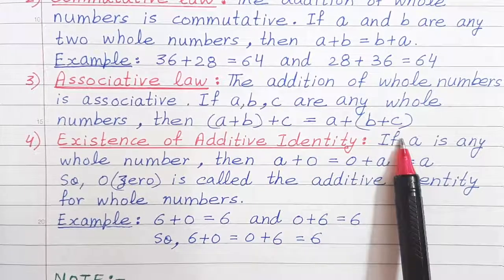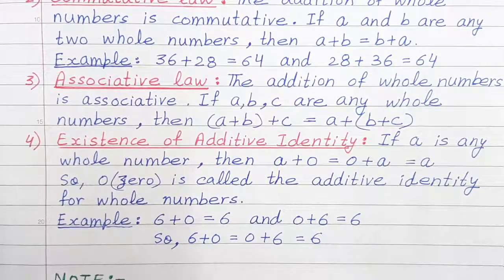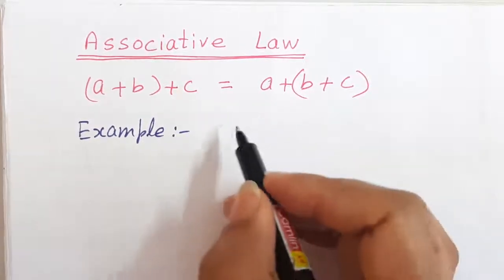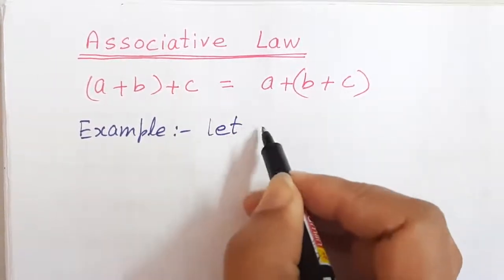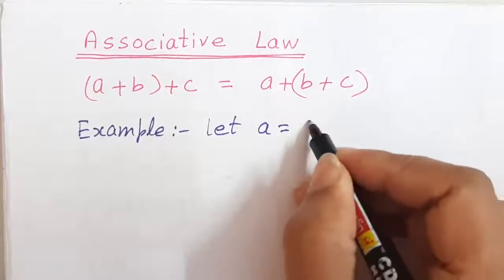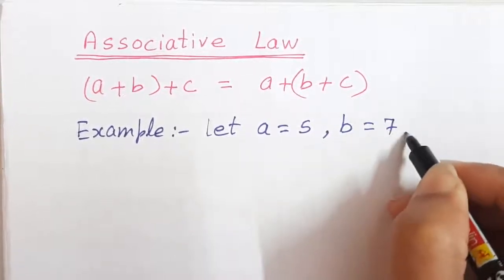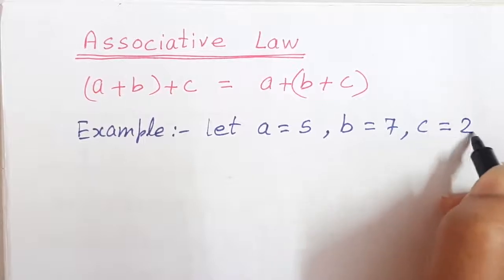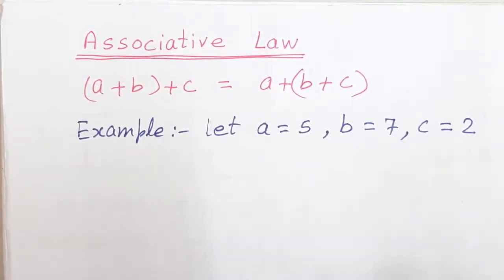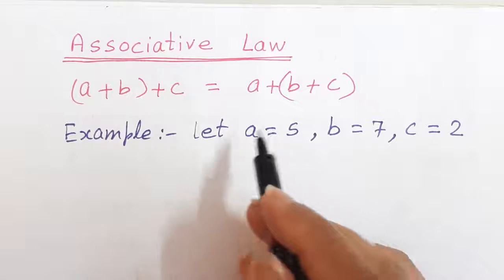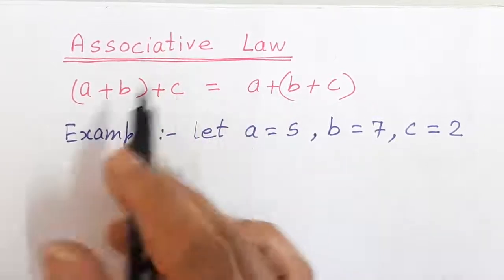Children, I will explain this with the help of an example. Let A is equal to 5, B is equal to 7 and C is equal to 2. Right? Now let us try to prove this associative law.